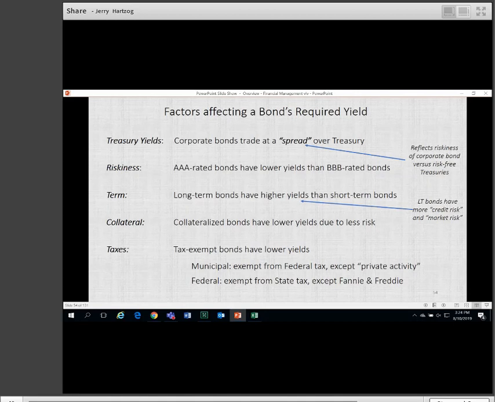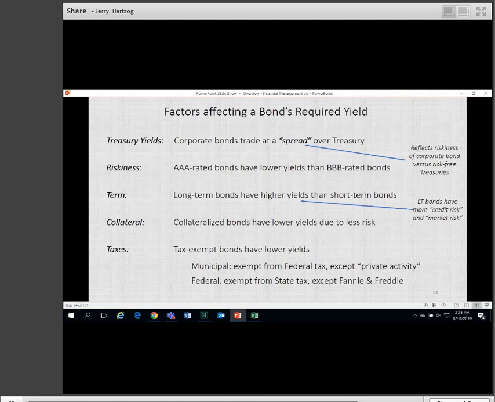That is, the corporation pledges certain assets to back the bond. In the event that the corporation goes bankrupt, the investor can seize that collateral and sell it to get their principal back. Finally, taxes. The tax-exempt bonds have lower yields, and there are two categories.